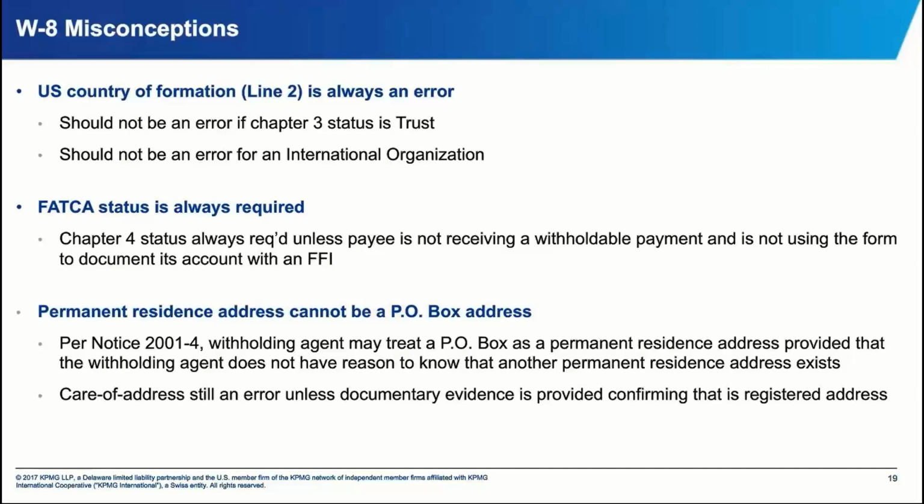But if you're not making a withholdable payment for FATCA purposes, which is really, and I won't get too far into it, a FDAP payment that's financial in nature, interest, dividends, fees on financial transactions, things like that. If that's not being made and it's just your normal accounts payable, you don't need a Chapter 4 status. And in fact, you can create a substitute form that removes the FATCA certifications altogether. And the regulations say this is permissible, that you can create a substitute form that is purposed for the transaction, which would mean if I'm not making a FATCA withholdable payment, I don't need any of those certifications.